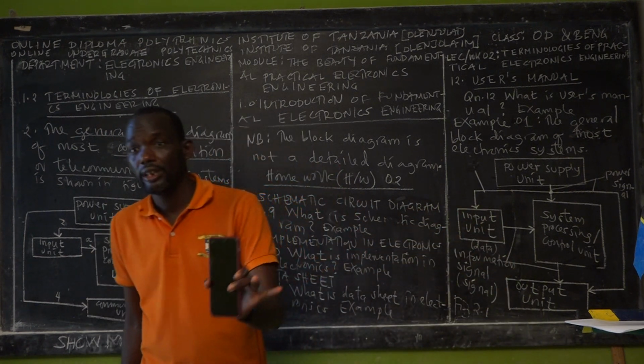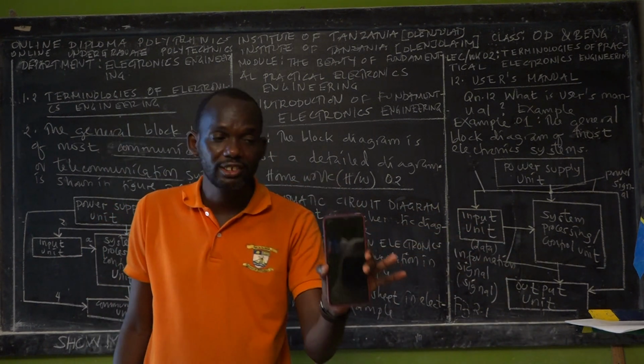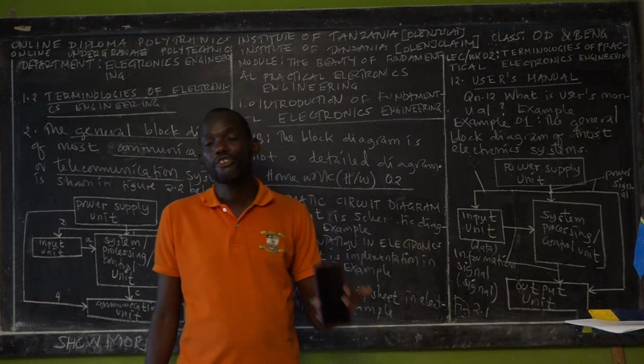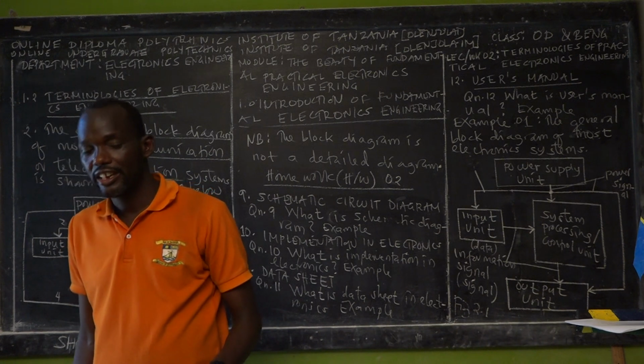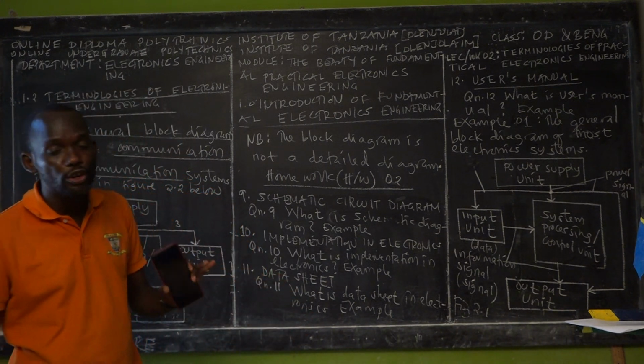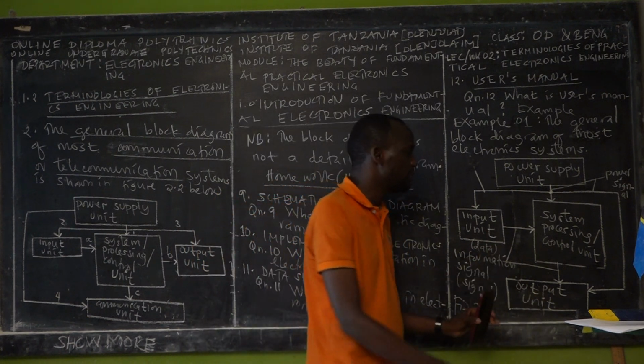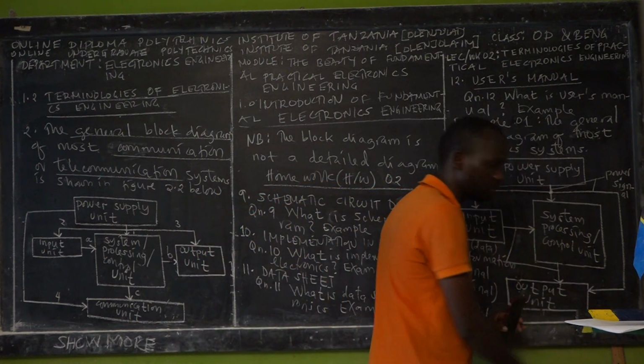For example, the power supply for this smartphone contains the battery, the charging IC, and some other electronic components that regulate the amount of voltage.